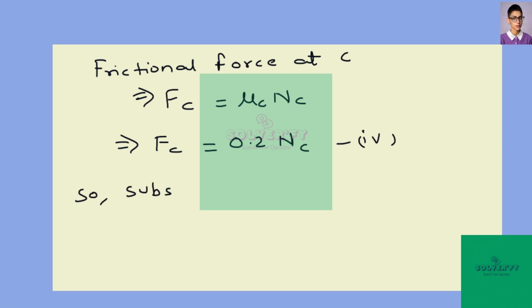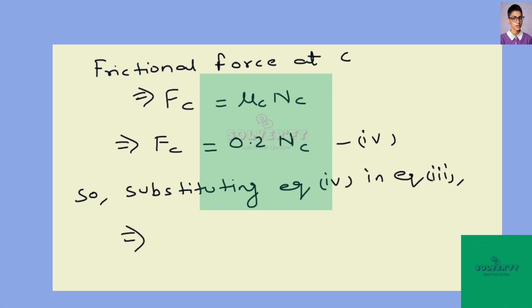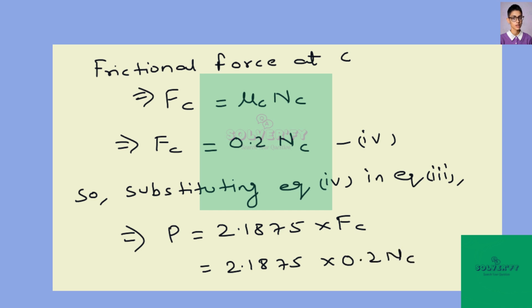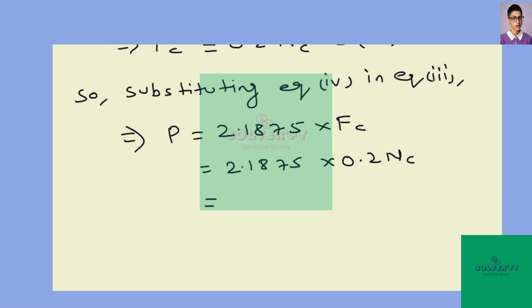Substituting equation 4 in equation 3, we can write P is equal to 2.1875 into FC is equal to 2.1875 into 0.2 Nc. On solving, it is 0.4375 Nc.